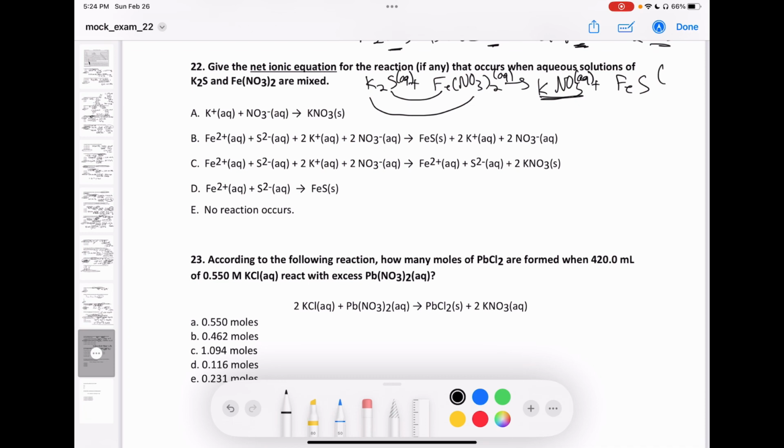And this is an iron sulfide, and we know that sulfides are always going to be insoluble. I think there's a couple rules, but if it's an iron sulfide, let me just look at it. It looks insoluble.